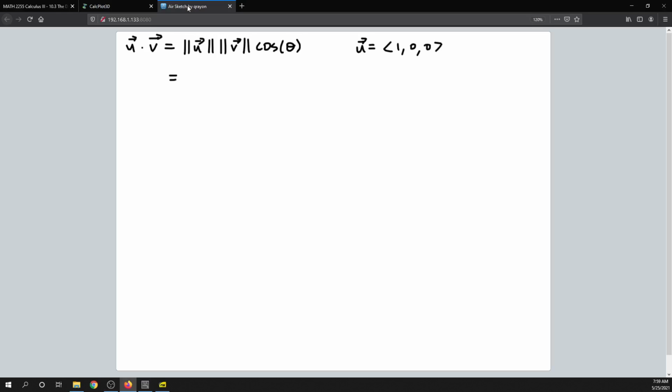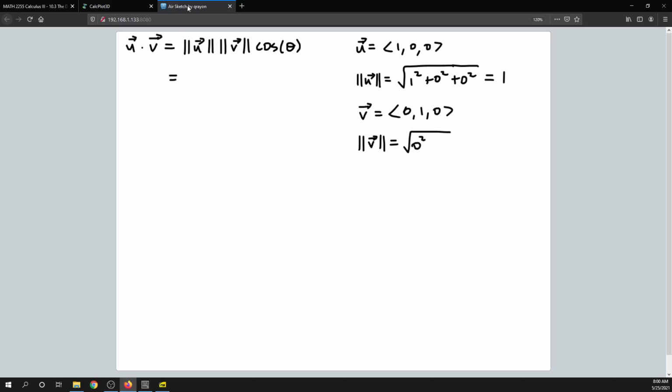And so the magnitude of that vector is the square root of 1 squared plus 0 squared plus 0 squared, and that's going to come out to be 1. We know that the vector v is 0, 1, 0, and so the magnitude of the vector v is also going to be 1.